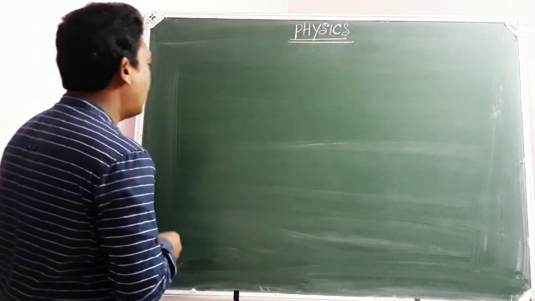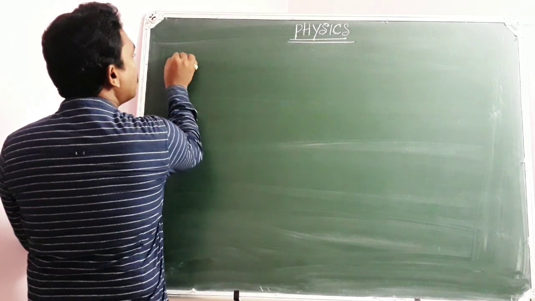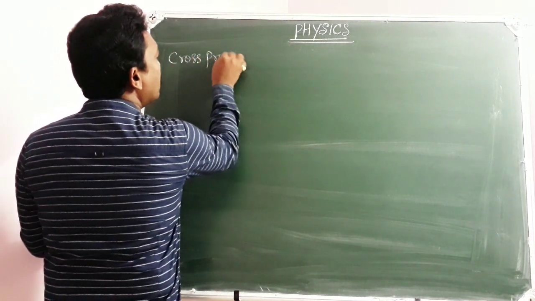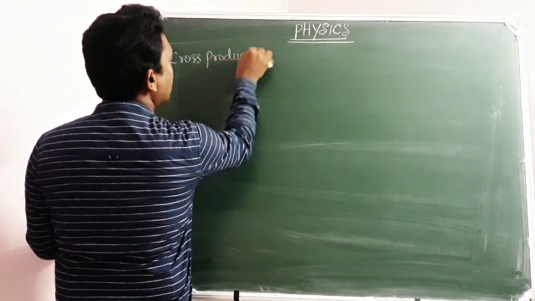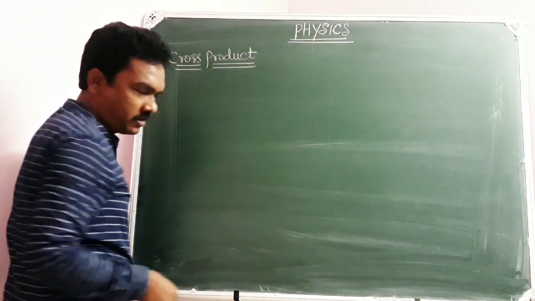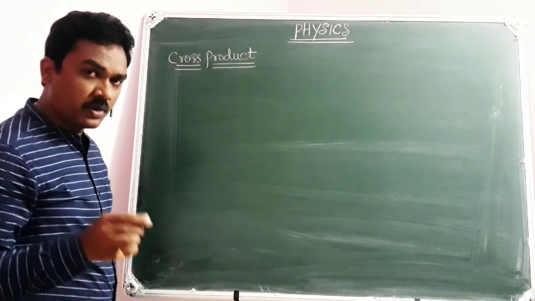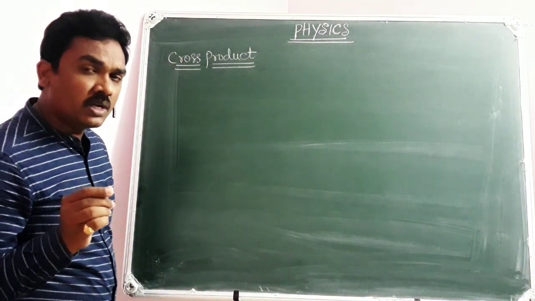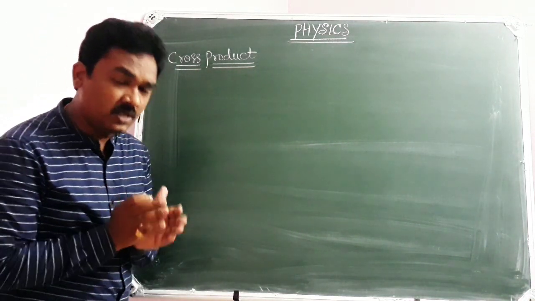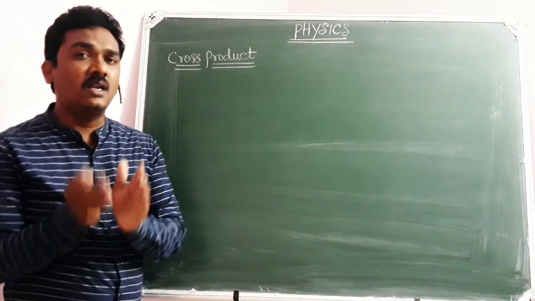After dealing with the dot product, now we are going to discuss another one, which is the cross product of vector physical quantities, in which the product is also a vector. In the case of dot product, when you consider the product of any two vector physical quantities, the product is a scalar.